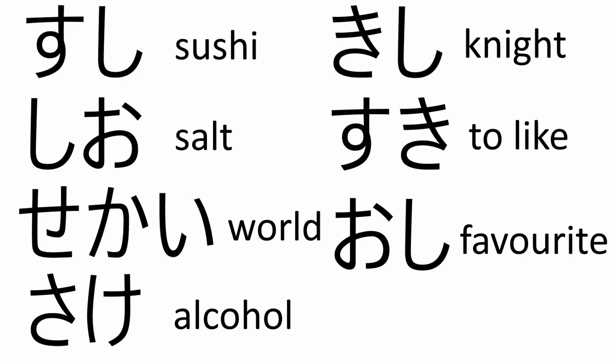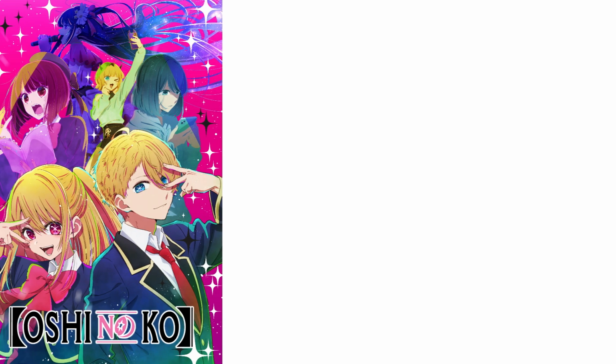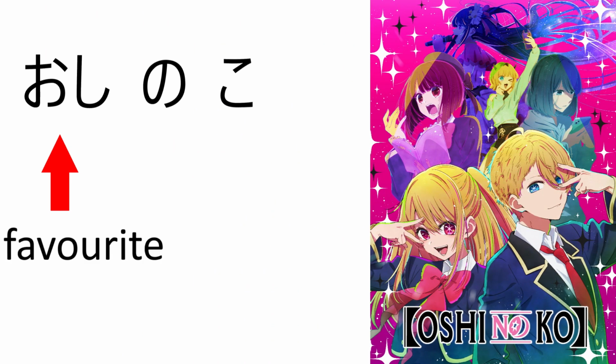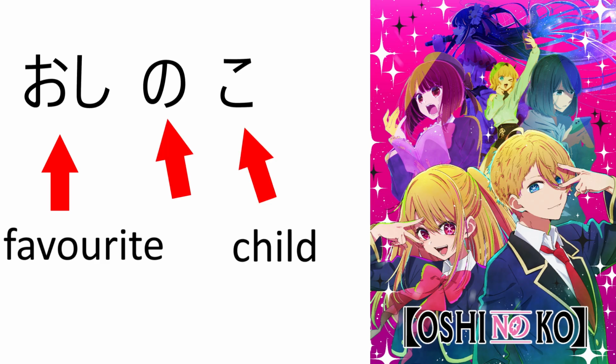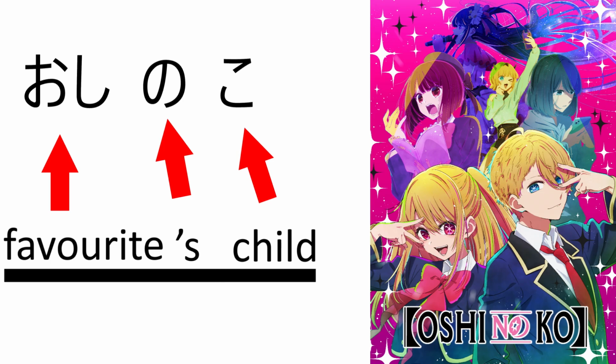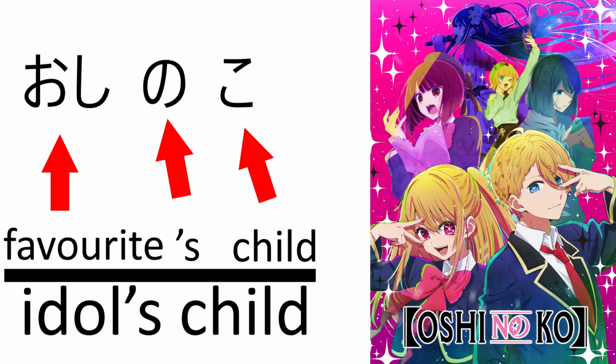We can now translate two parts of a title called Oshi no Ko. Oshi, which means favorite, and Ko, which means child. In this case, the no in between these two characters means apostrophe plus S. So the title means favorite's child, or taking into account what the title is about, it can mean idol's child.